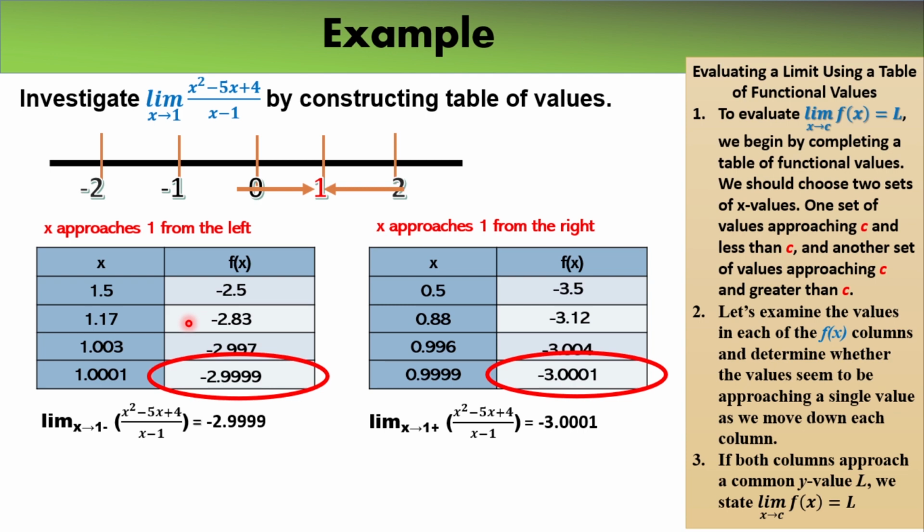Since equal yung dalawang one-sided limits natin, pwede na nating sabihin na ang limit ng x squared minus 5x plus 4 all over x minus 1 as x approaches 1 ay negative 3.